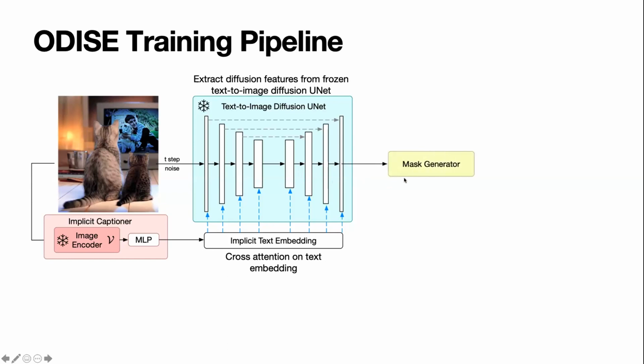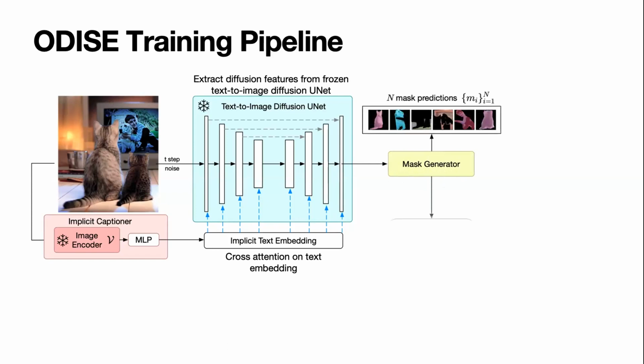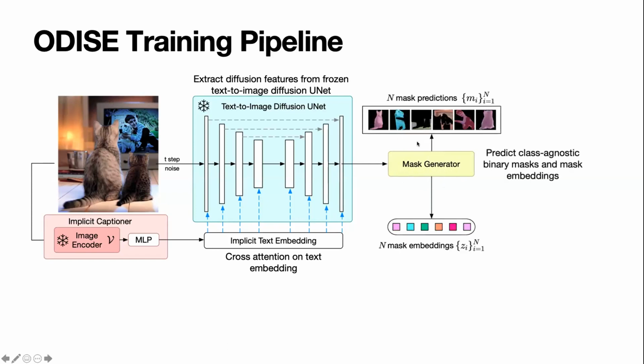We then pass these internal features to a mask generator. In our case, this is the Mask2Former architecture, but it can be any architecture. This mask generator gives us 100 different proposal masks for plausible objects in the image, and also gives us visual embeddings for each of those masks.